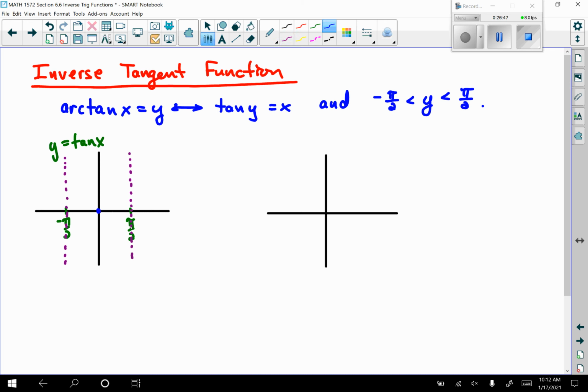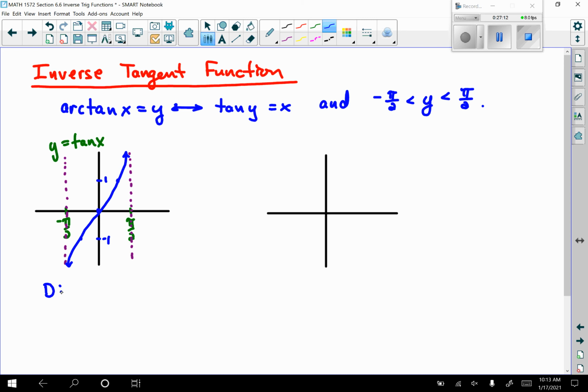Tangent of pi over 4, halfway in between, is 1. And then tangent of negative pi over 4 is negative 1. So we start to get really close to this asymptote, go up through, pass through 0, and then it looks like this. But it never touches the graph at those asymptotes, so that's why we can't include the pi over 2's.